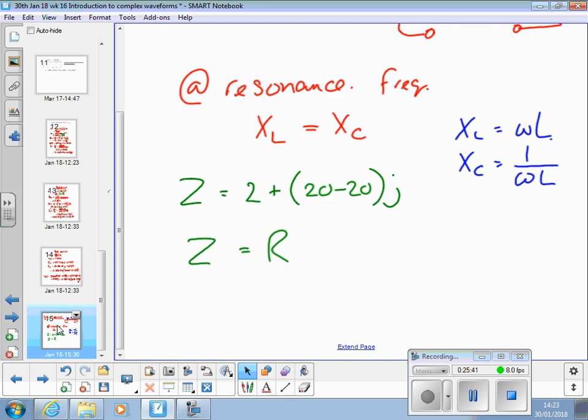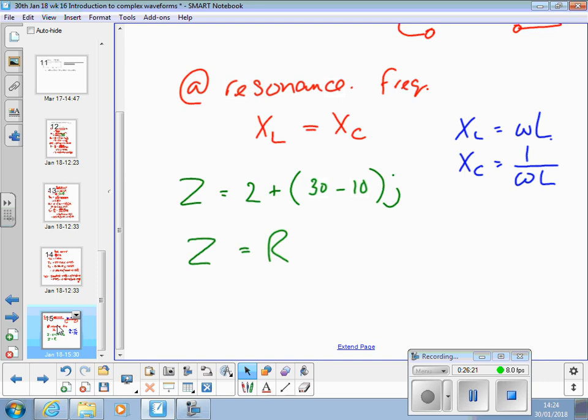At any other frequency, what's going to happen to the overall impedance? If we change the frequency so that the inductive reactance goes up and that comes down, calculate the overall impedance now. We're interested in the magnitude in ohms, because that's what's going to indicate what the current in amps is.